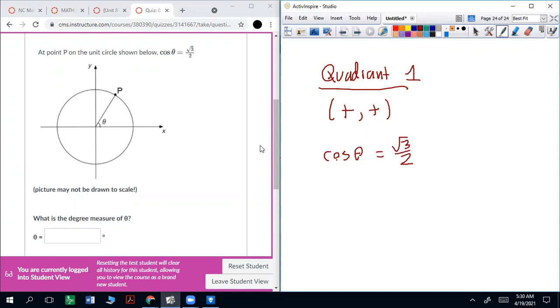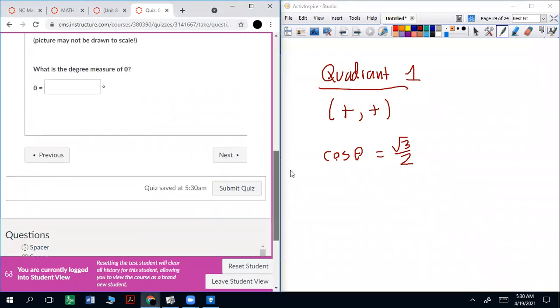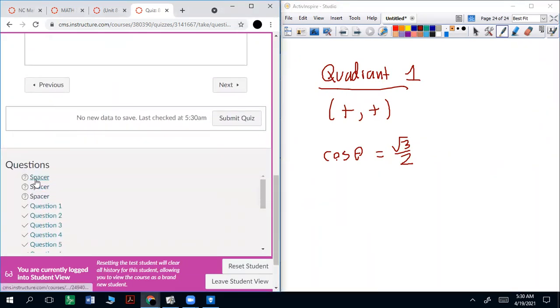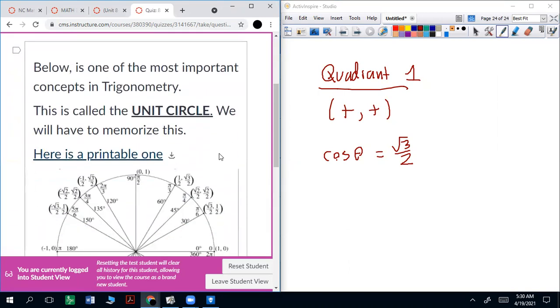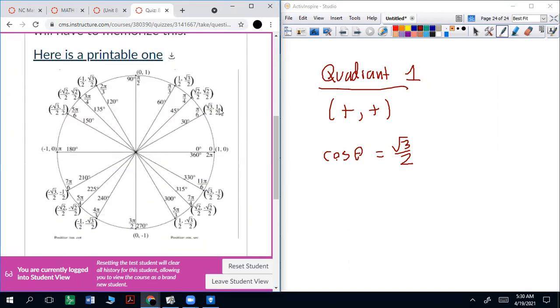Right, so here, remember, look at the unit circle. Think of your options here. Cosine is the x value. So in this quadrant, where is x? Right there. So your angle is right there.